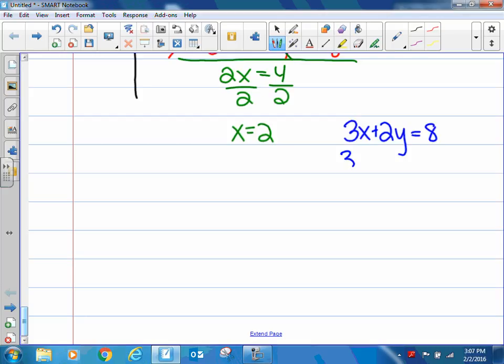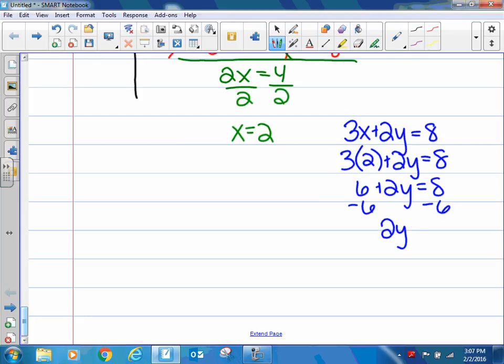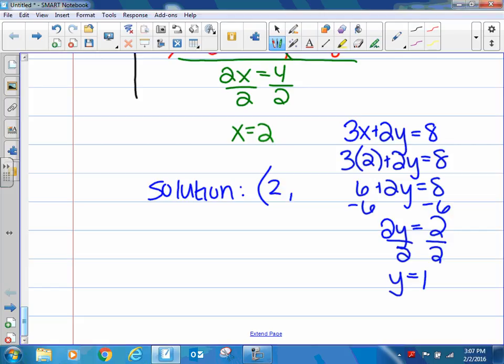So I'm going to substitute in my 2. And then divide by 2, and I get y is equal to 1. So my solution to this system is going to be 2, 1.